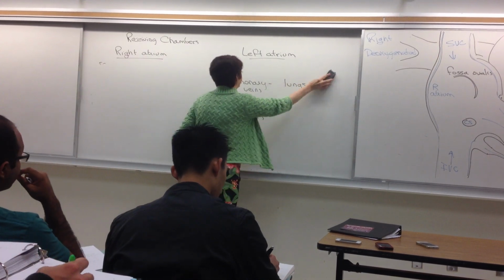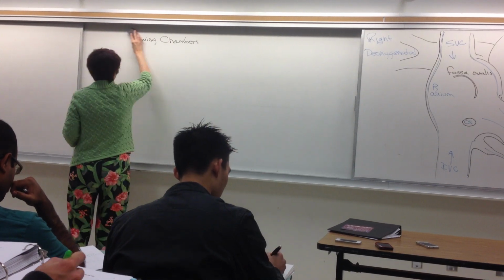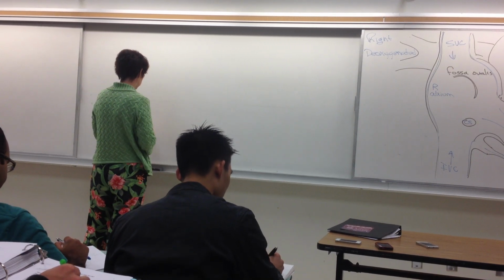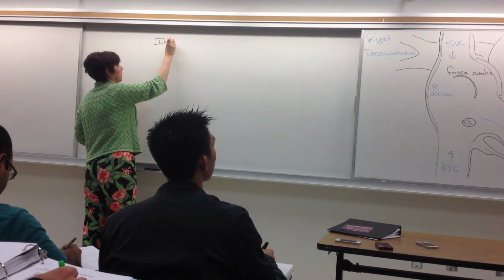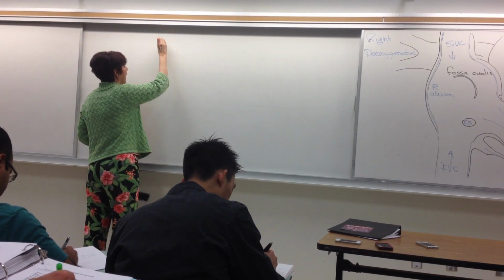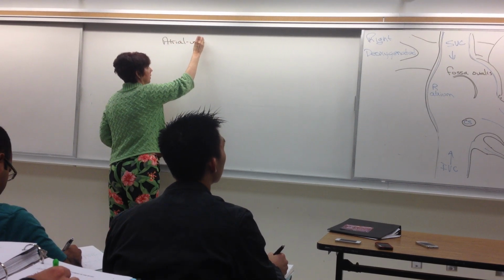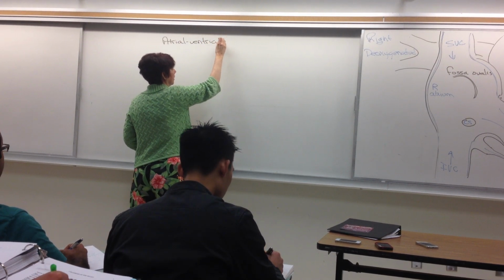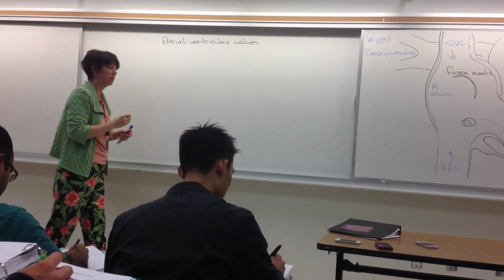So the valves separate the atria from the ventricles. And these are called atrioventricular valves.